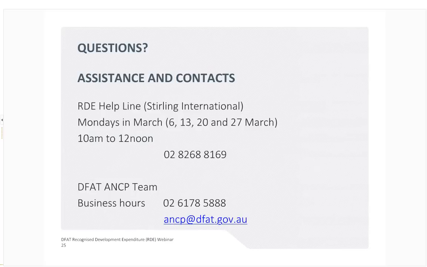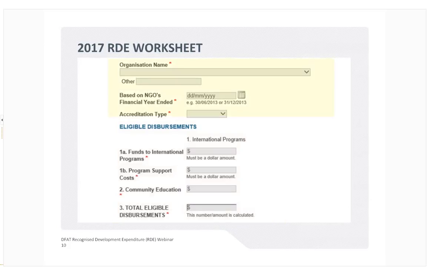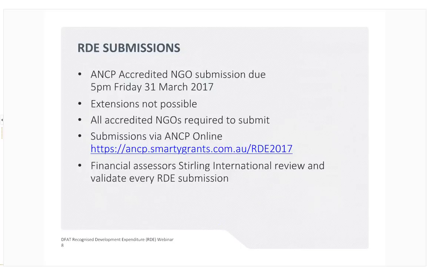I'll just click back to the slide that has the URL for ANCP NGOs to submit it, and it's there: https://ancp.smartygrants.com.au/RDE 2017. So you've got to go through there.